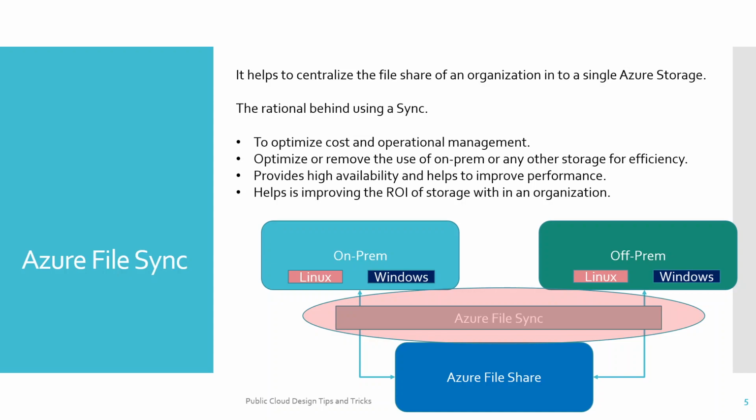It also provides high availability and helps to improve performance. It keeps syncing your storage from one environment to the Azure file share environment, and by doing that it also helps in improving the return on investment of storage capability within an organization.